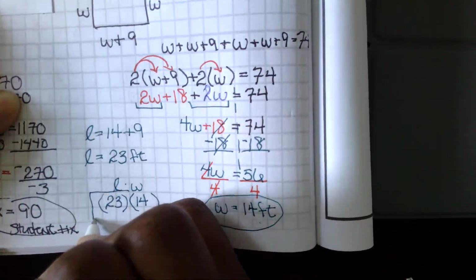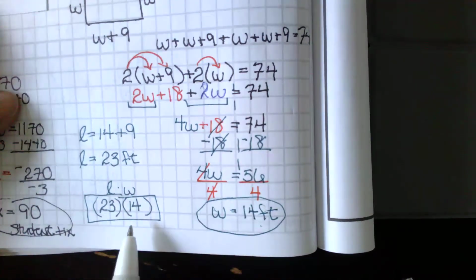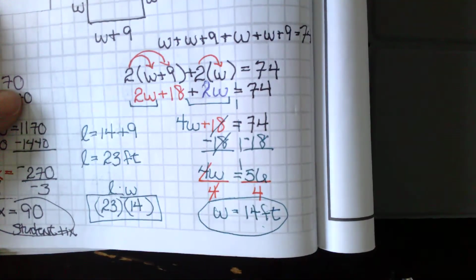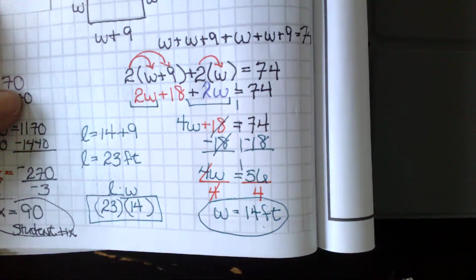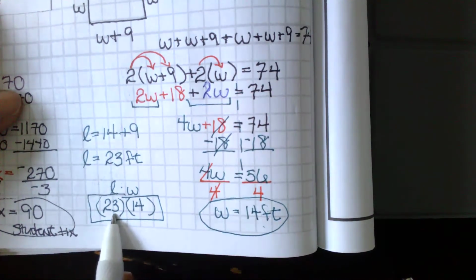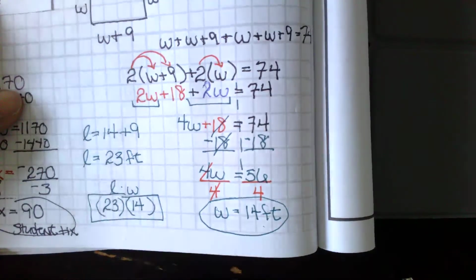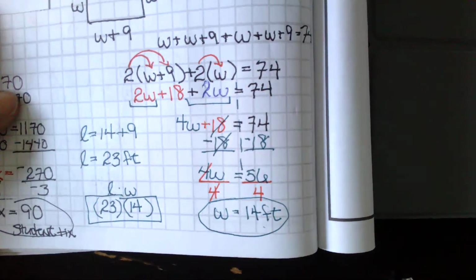And that is your answer. Some people like to put a little X in between, but sometimes people put the X's and they think it's a variable and it gets crazy. But that's what you're looking for. So you got your dimensions of your length is 23, the dimension of your width is 14. Okay? So that's basically it.